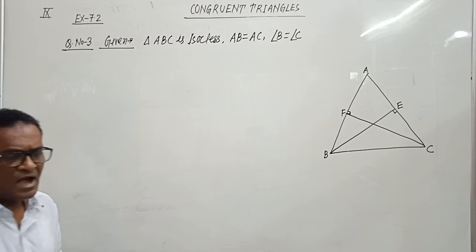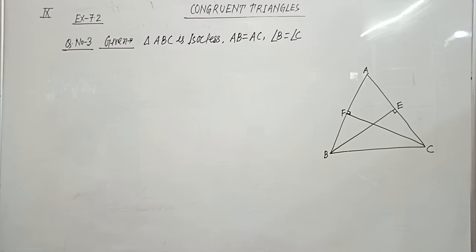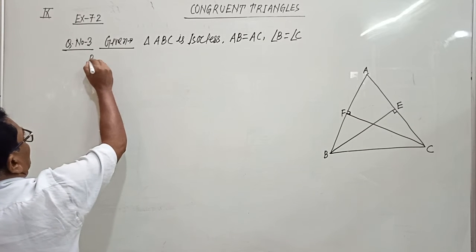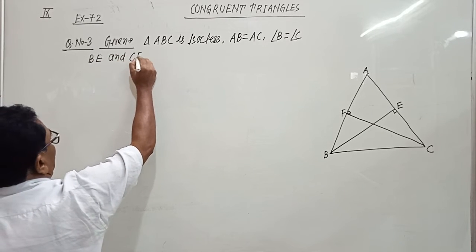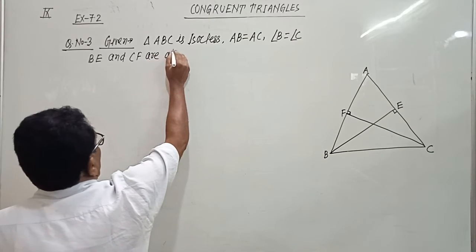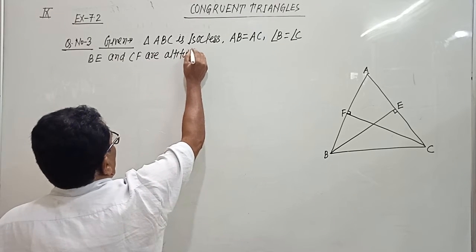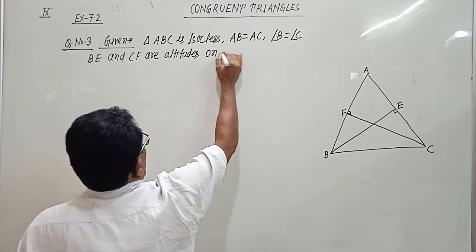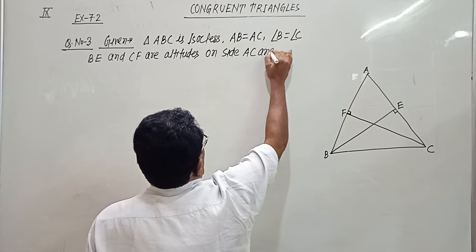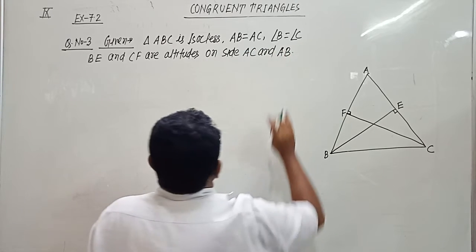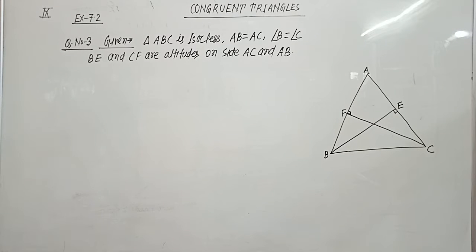BE and CF are altitudes on side AC and AB.